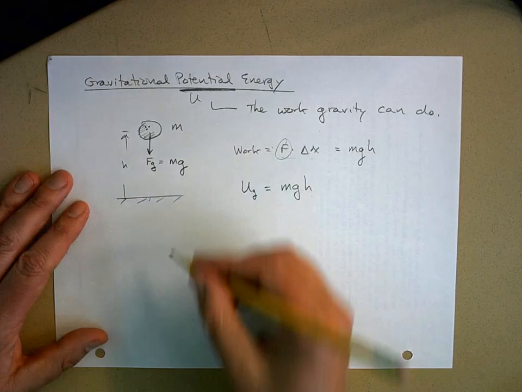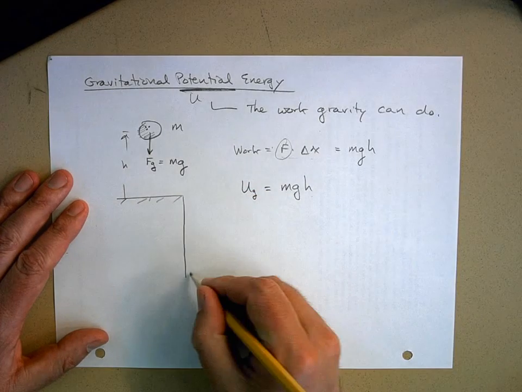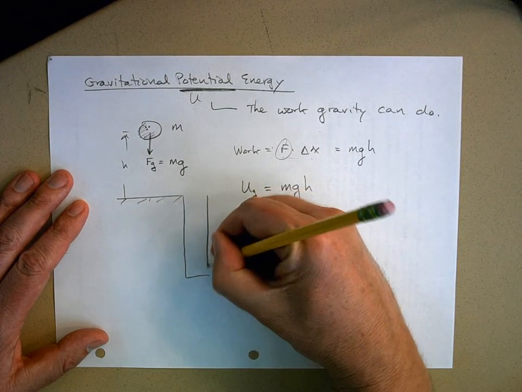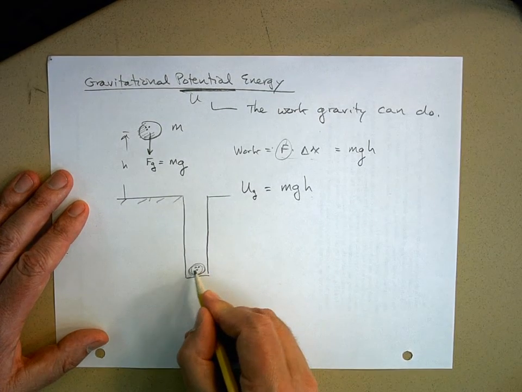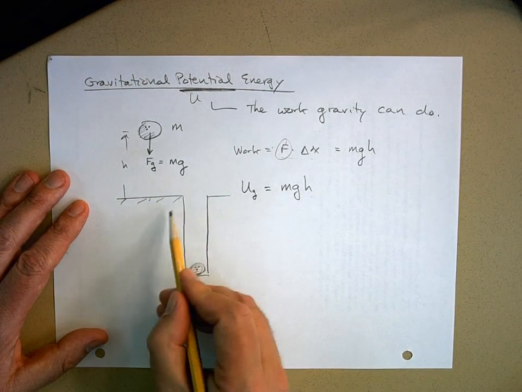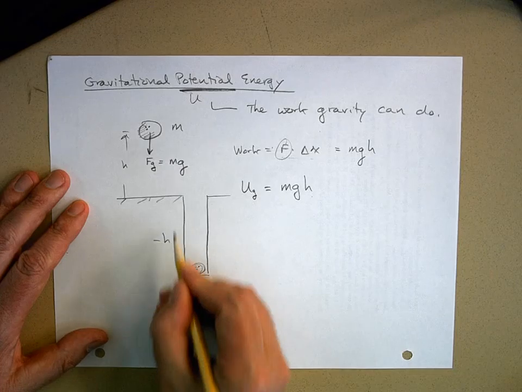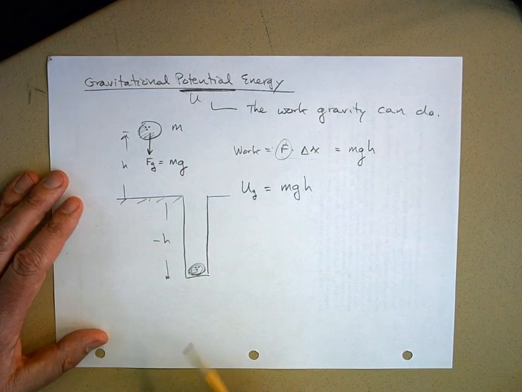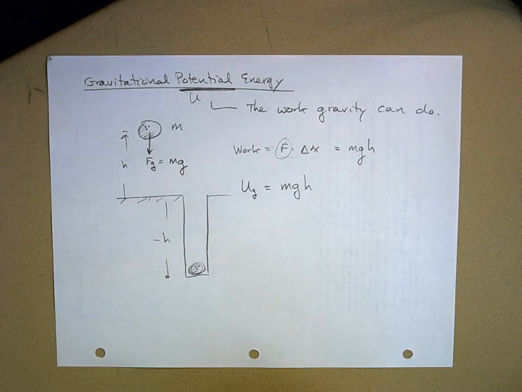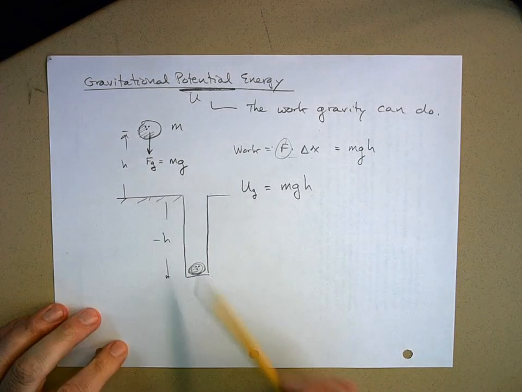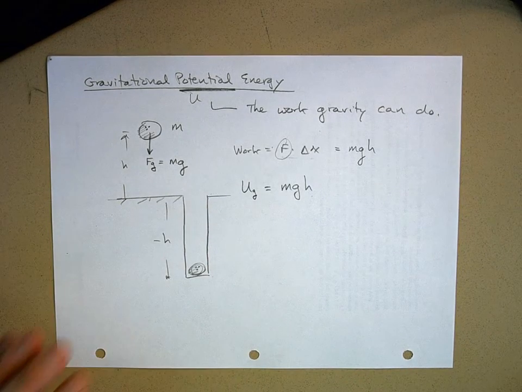But let's say you dig a hole and you put the bowling ball down here at the bottom of this well. Here you can say you've got a negative height. Okay? That is, just to get it to zero, you have to put work into it. You have to lift it out of the well. So gravitational potential energy can be negative if your height is below where you measure height from.